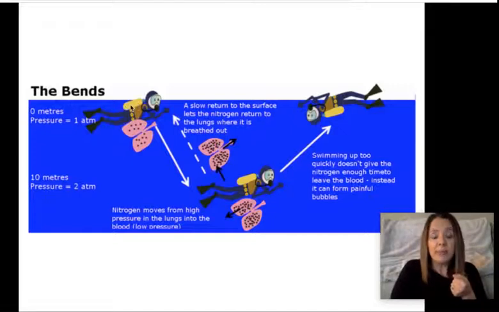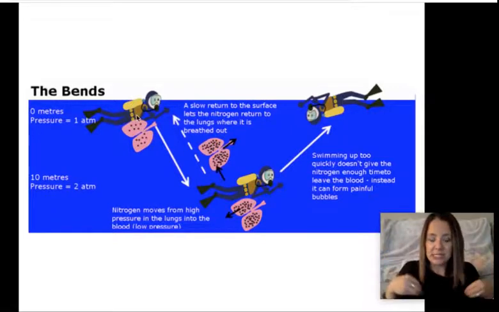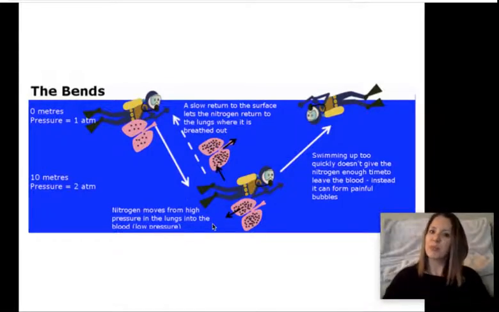So what ends up happening is the scuba diver breathes this in, and that gas gets forced into our lungs and out through our circulatory system and circulates through our entire system. Now, as we descend, there is greater pressure acting on our body.